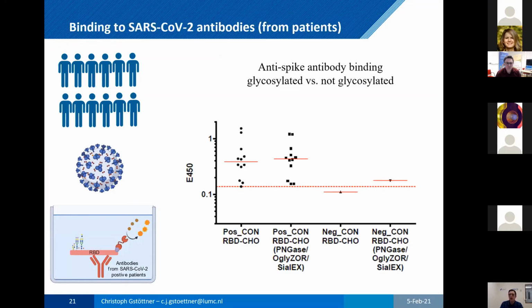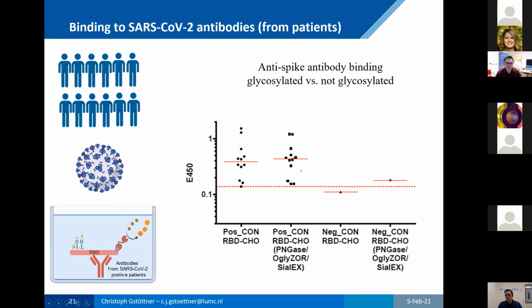And as you can see here, for the CHO produced material, there is a clear binding to the antibodies in comparison to the negative control. However, if you remove the complete glycosylation, you can see a slightly elevated level, but the same effect you can see also in the negative control, and this might come from all the glycosidases that we used.